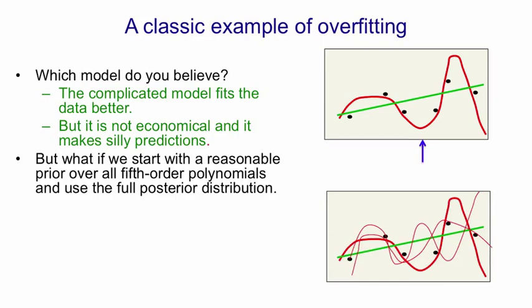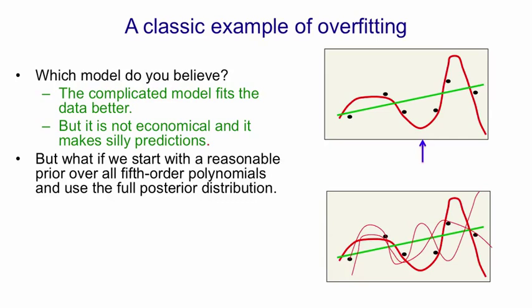But everything changes if instead of fitting one 5th order polynomial, we start with a reasonable prior over 5th order polynomials, for example that their coefficients shouldn't be too big, and then we compute the full posterior distribution over 5th order polynomials. I've shown you some samples from this distribution in the picture, where a thicker line means higher probability in the posterior.